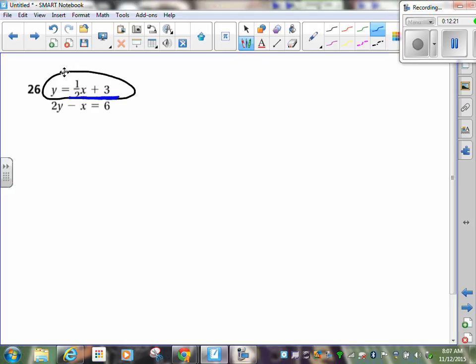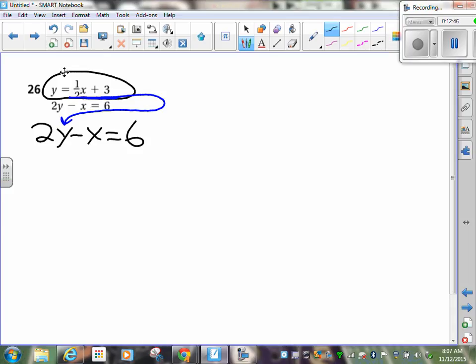So let's rewrite this again. I know it's right underneath it. I just like writing it, so I remember what I'm putting it into, and write it underneath. What am I going to do with this blue line? It equals y. So I'm going to plug it right in for the y.